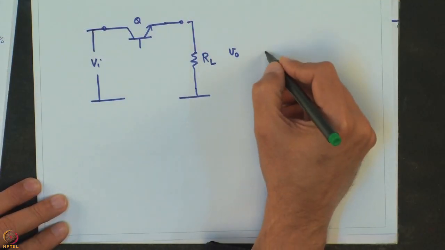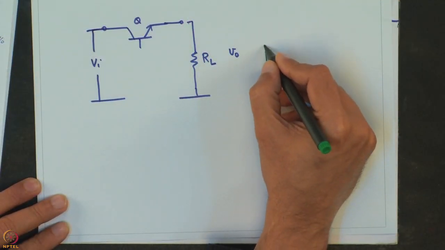It is also called the switch mode manner, because actually you are using it as an on off switch. Okay. Implication of this will be that across RL I will get a pulse of this type.